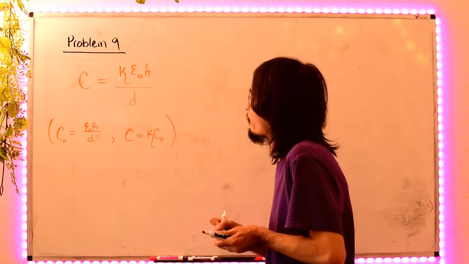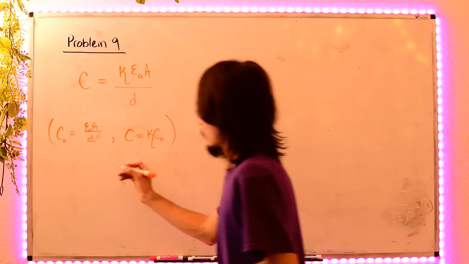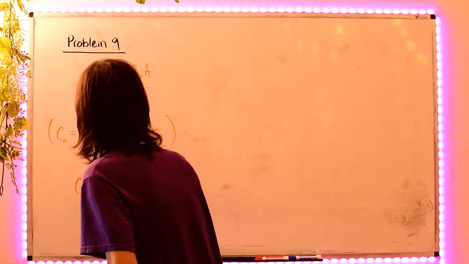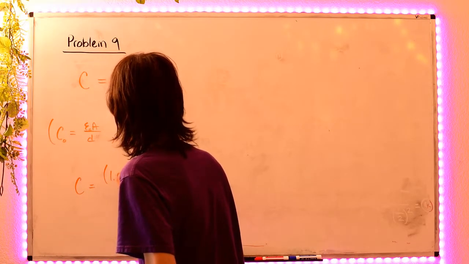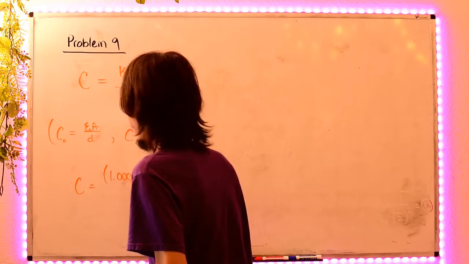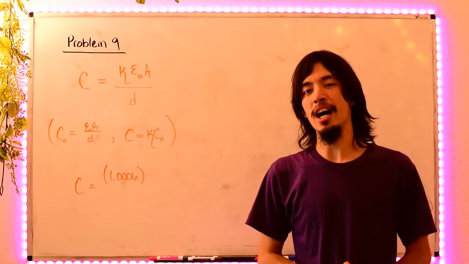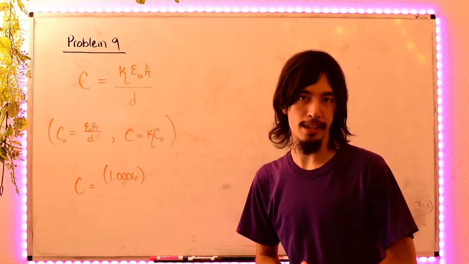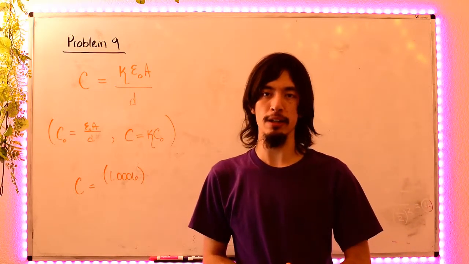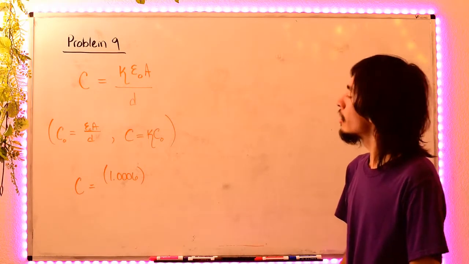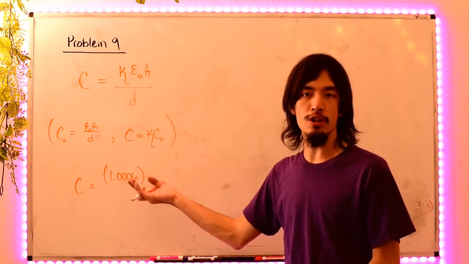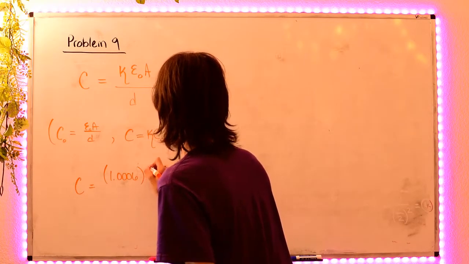So now we have everything in here. So we have that C is equal to kappa, which is 1.0006. Okay. Now I know that is not really a lot. In fact, it might not change the answer if you use 3 significant figures. But we would technically account for that, so I'm going to put that into the calculation.